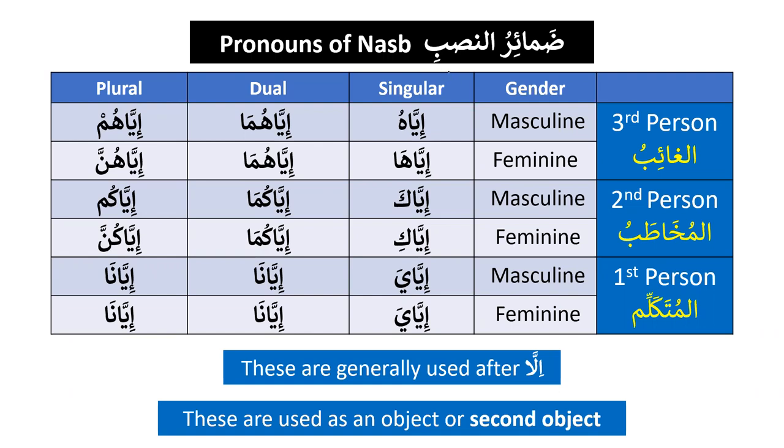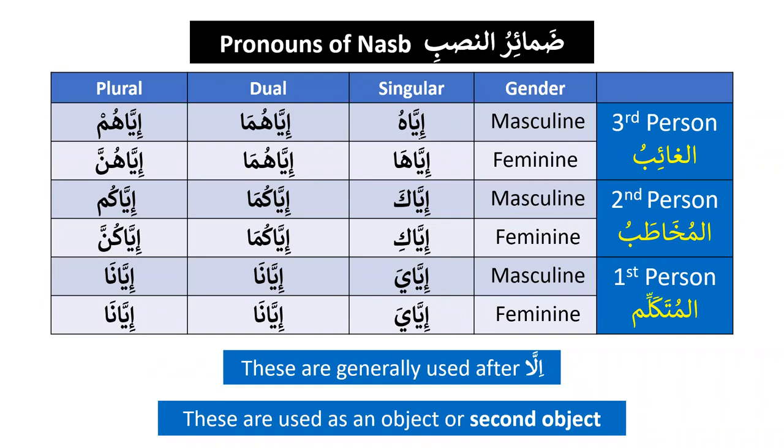They are always used as object. And they come basically with the word iya. And iya is basically used for the purpose of hasr, meaning confinement, or in other words, for the purpose of emphasis. So these are always used in the place of object. They cannot be used as subject.